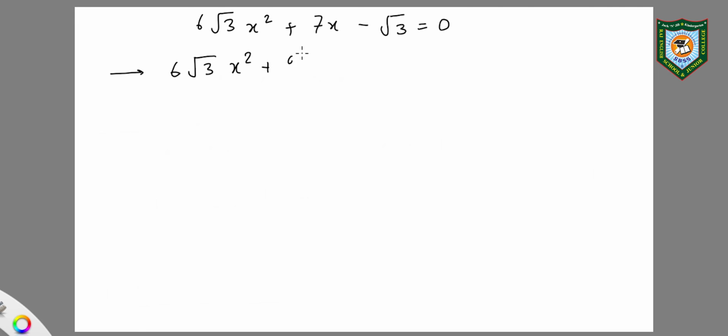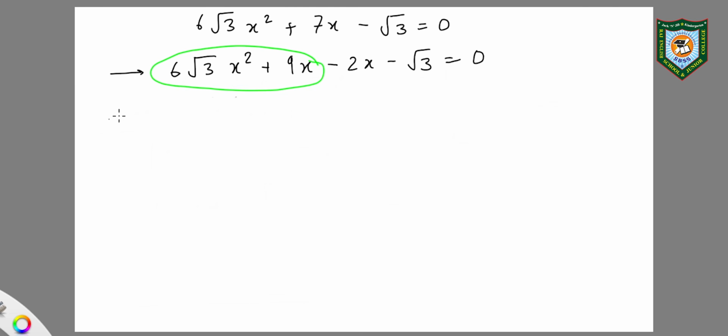So that means 6 root 3x square plus 7x minus root 3 is equal to 0 can be written as 6 root 3x square plus 9x minus 2x minus root 3 is equal to 0. Now we'll take outside whatever is common.